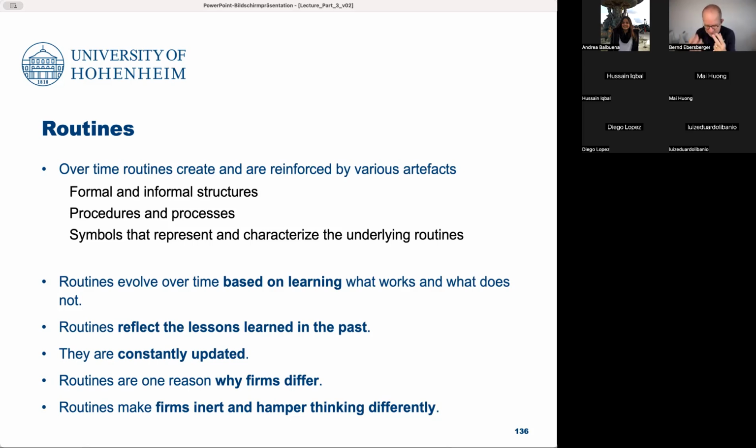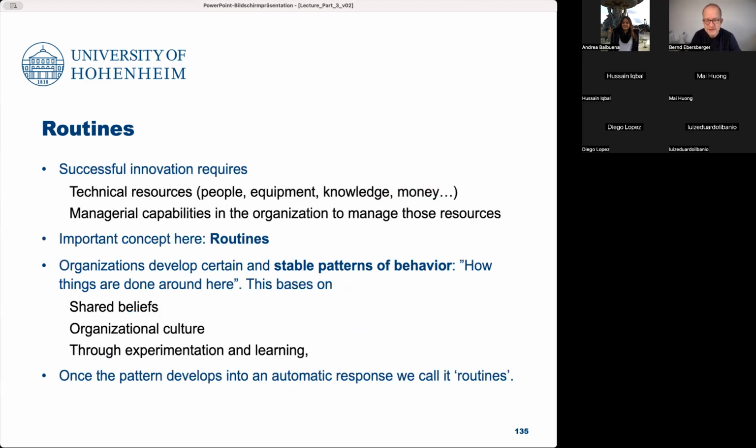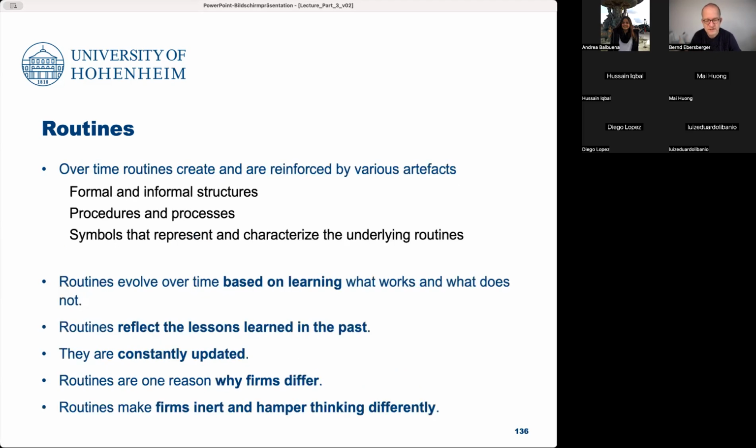As I said, people know what to do and how things are done around here, but they can also hamper innovation activities because, of course, an argument against doing something differently is, as we have here, this is not how things are done around here. So routines can have a dark side as well.